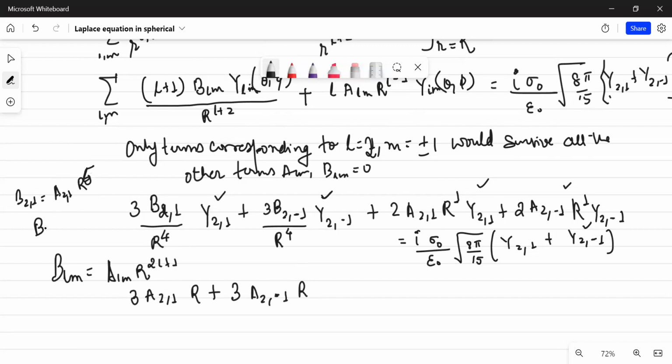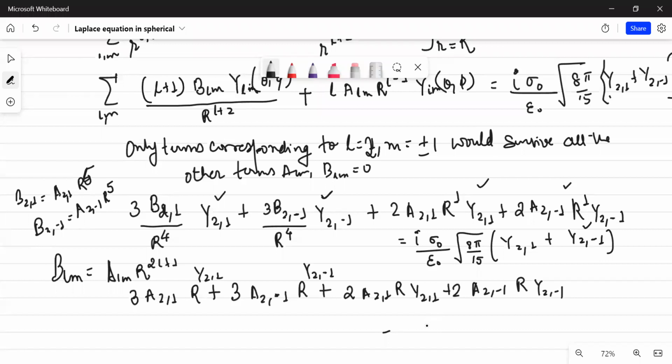And again, B2 minus 1 will be A2 minus 1 R to the power 5. Okay, so this term will remain, and then you have this term also written here. I'm forgetting all these things. A 2 1, R to the power 1, Y 2 1, and then plus 2 A2 minus 1, R to the power 1, Y2 minus 1.